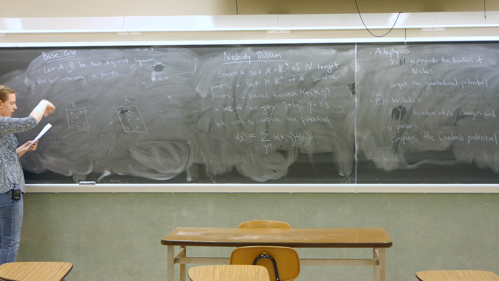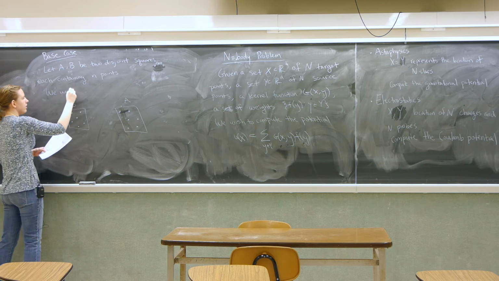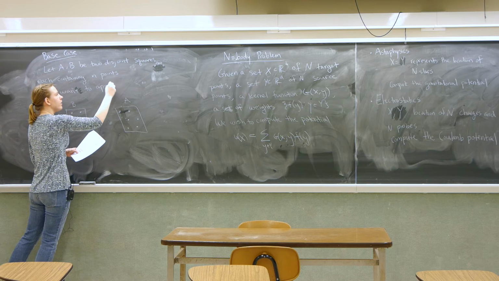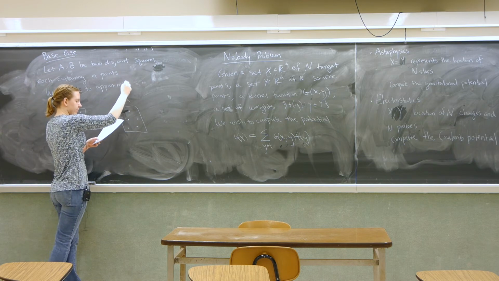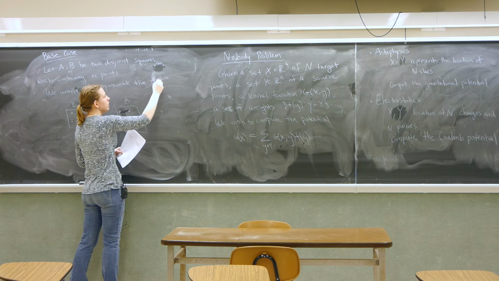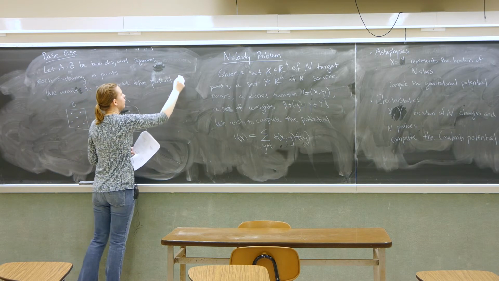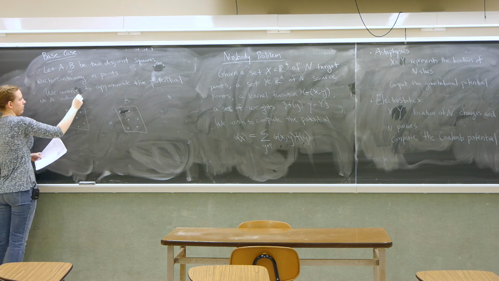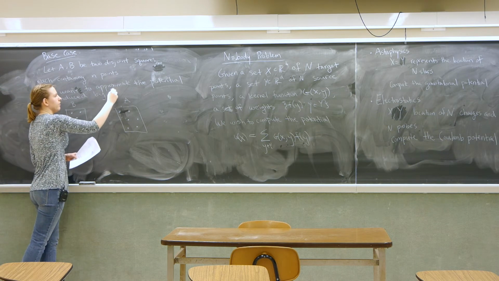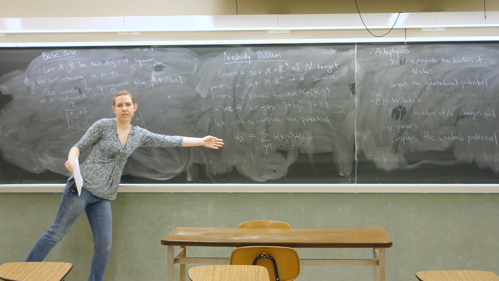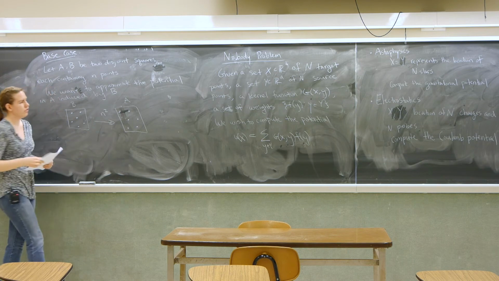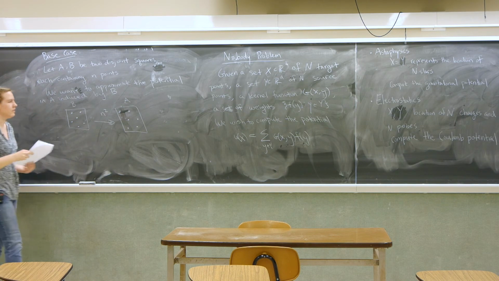Okay, so in this base case, we want to approximate the potential in A induced by B, which is just, the potential is the U. And the traditional sense of just doing this product is n squared.